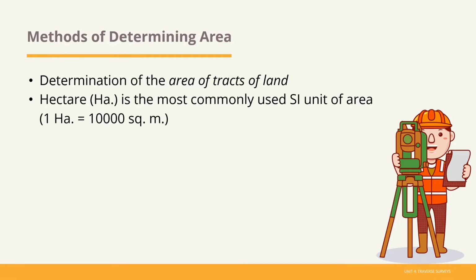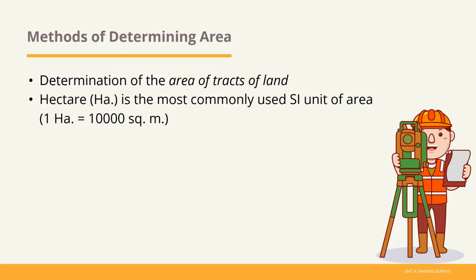The most commonly used SI unit of area measurement in this case is hectare when large tracts of land are measured, while smaller tracts like subdivision lots, playground, small farms, cemeteries, and building sites are expressed in square meters.